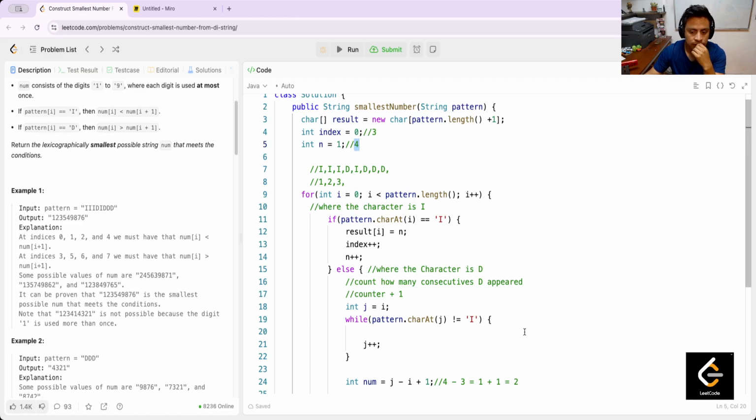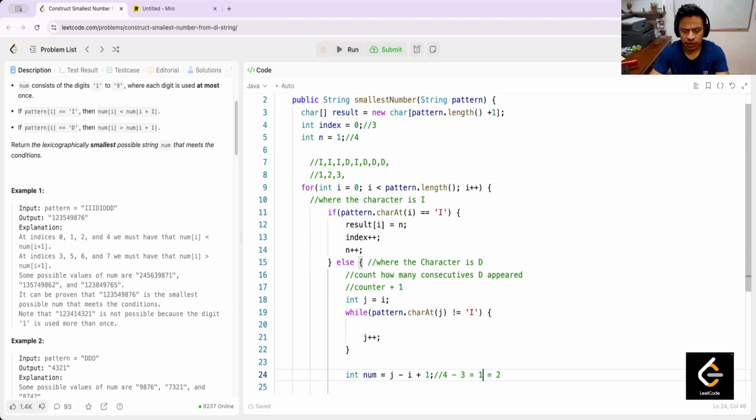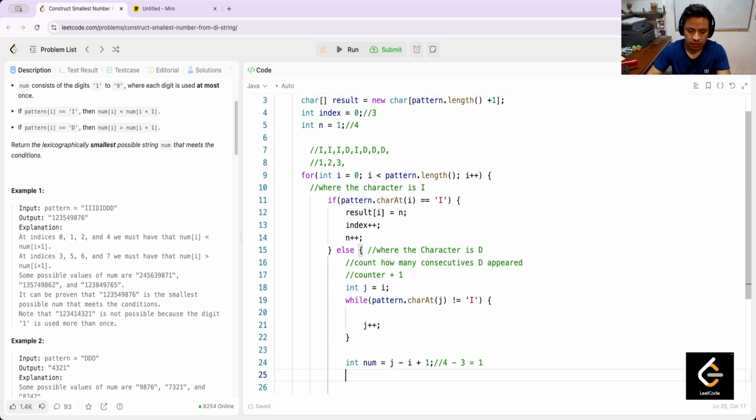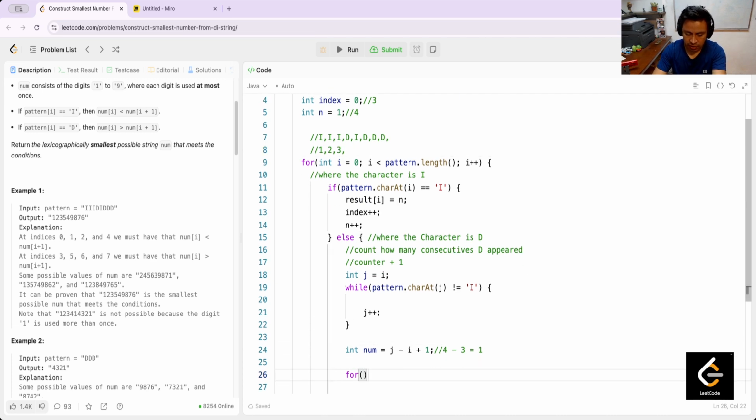Is 4. No, in this case, I don't need increase this because the current number is in the position. Is 4 plus 1 is 5. Okay, means that in the position, I need another 4 here.